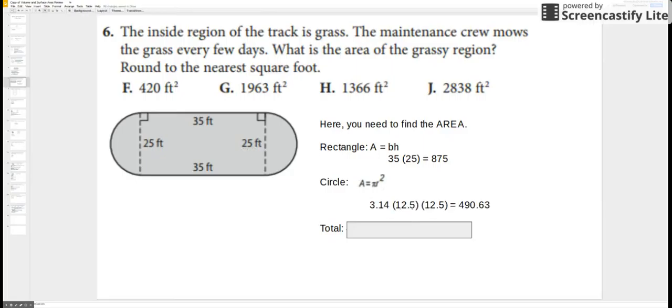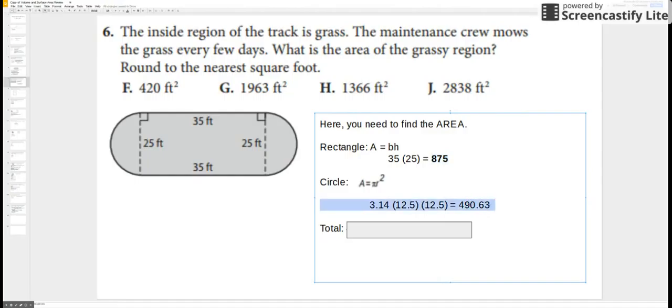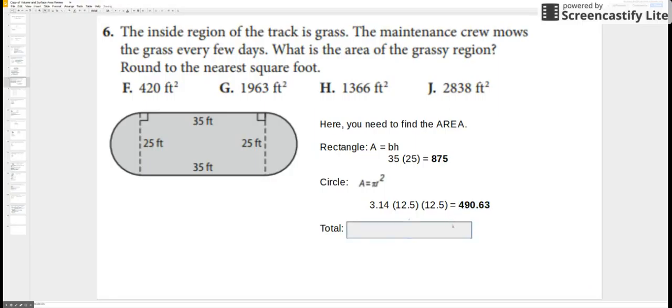Pi is 3.14, the radius is 12.5, and it's radius squared, so you do 12.5 times 12.5 to get 490.63. Then you just want to add your total. 875, the area of the rectangle, plus the area of the circle gets you 1366. So you should have gotten answer choice H for that.